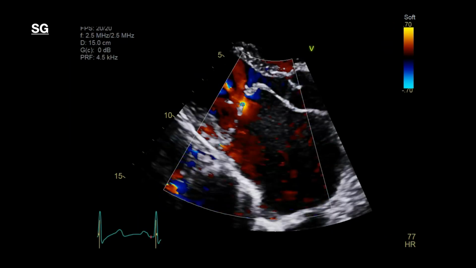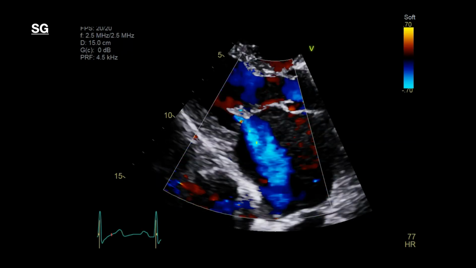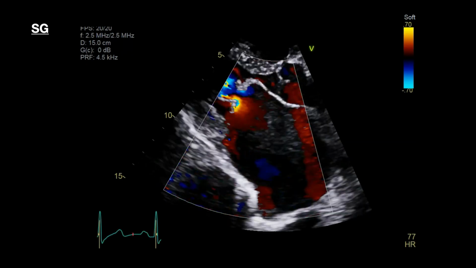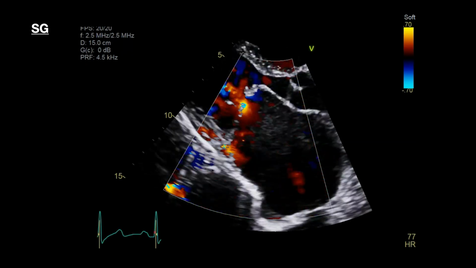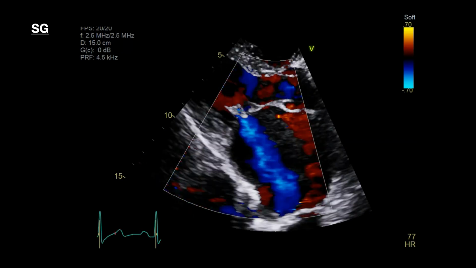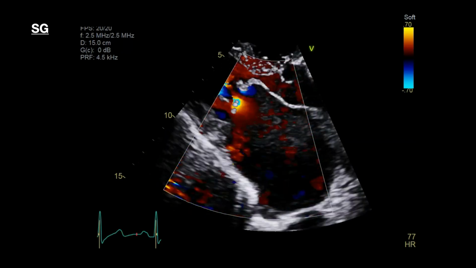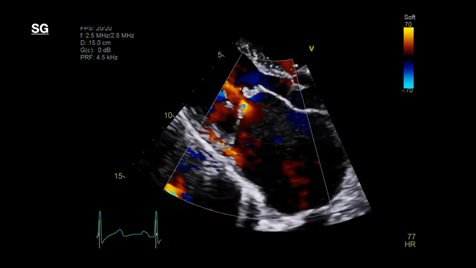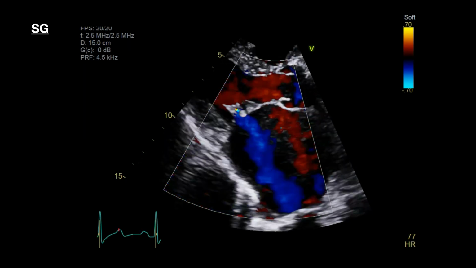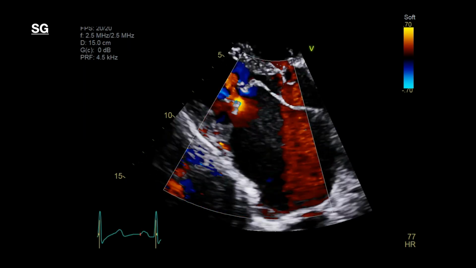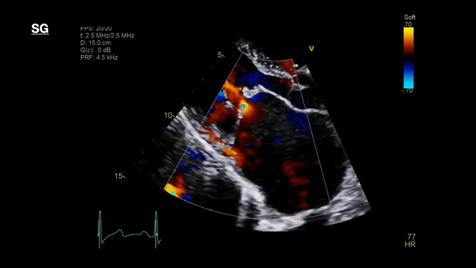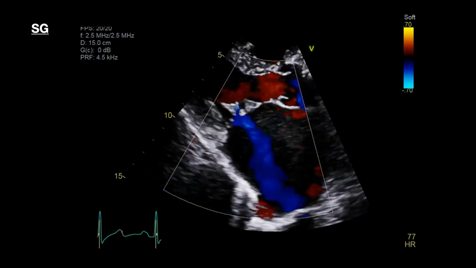And then colour. So there is a jet of MR there, which is reasonably centrally directed. It's certainly not wall hugging. And you can also see flow convergence on the atrial side of the valve as the ventricle fills.